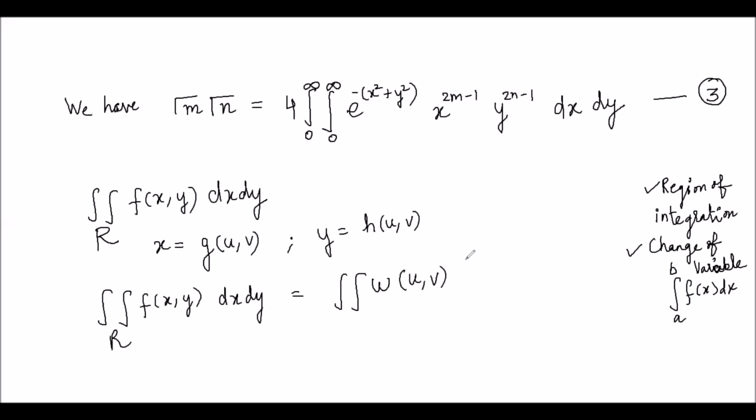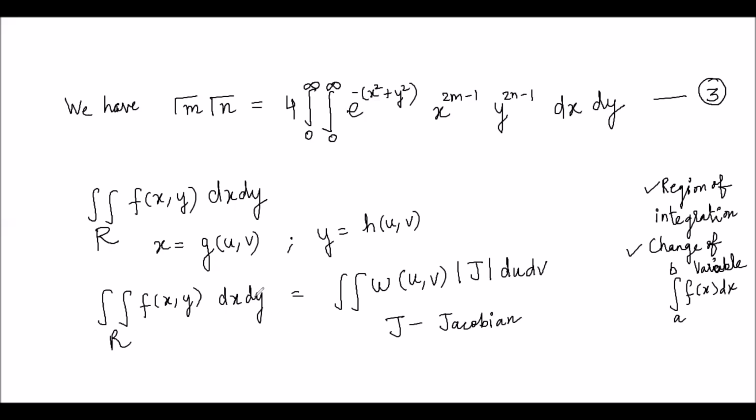And dx dy becomes modulus of J. What is this J? J is called the Jacobian. And du dv, because now everything has been converted into u and v, so we will be integrating with respect to u and v.